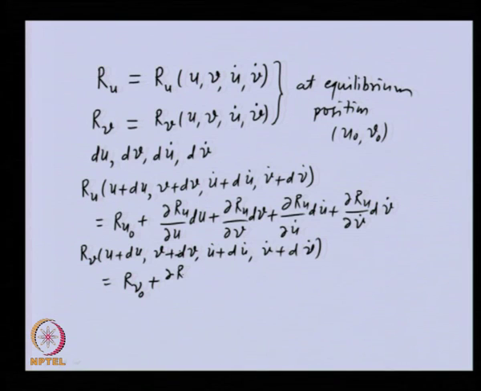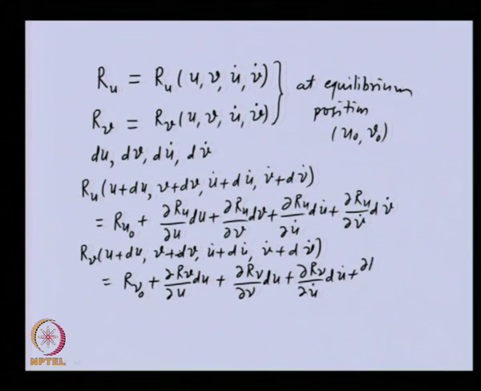This we are doing with the help of Taylor series expansion. These are the velocity components, the change in the force due to the velocity components in horizontal and vertical direction.